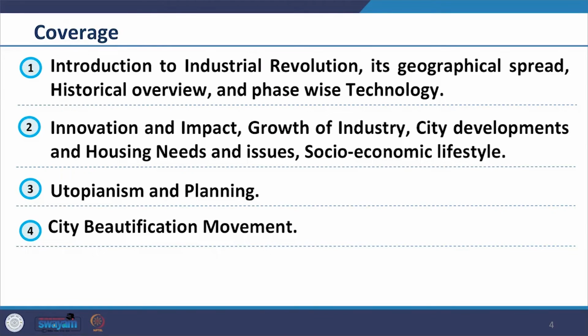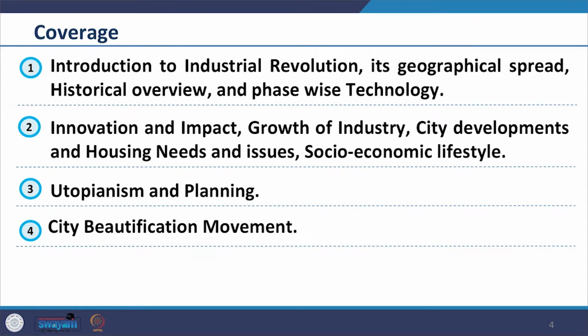So, today our coverage will include what the Industrial Revolution was, its geographical spread, the historical overview of it, and what kind of phase-wise technology interventions and innovations took place, what were the different innovations and their impact, how industries were growing, what was happening with city development and housing needs, and what kind of issues and socio-economic lifestyle was evolving in this period.